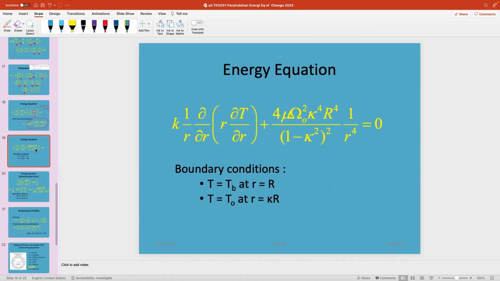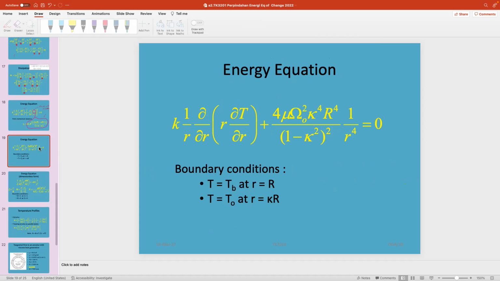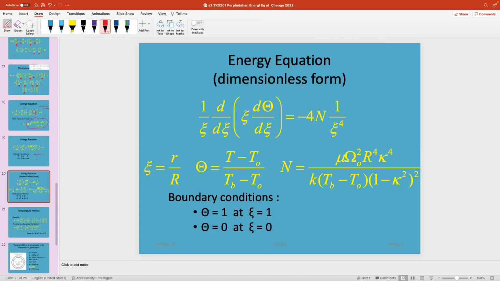So this is a little bit of a change. Basically we have variables t and r, and we change them into dimensionless form.